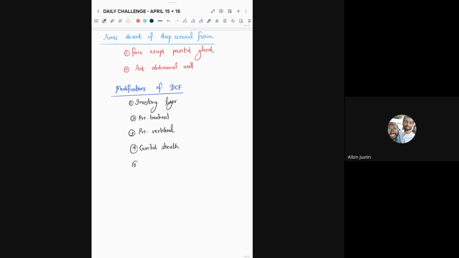Then you have the buccopharyngeal fascia. And you have the pharyngobasilar fascia. Very important. Okay, very important.